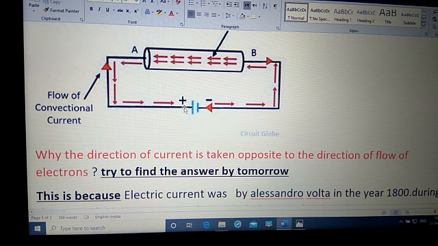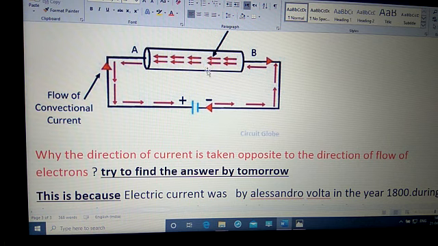But we take the direction of current in the circuit from the positive terminal to the negative terminal of the battery. Then the question will arise. See, if flow of electrons constitutes electric current, why can't we take the direction of current in the direction of flow of electrons? Why do we always take the direction of current opposite to the flow of electrons?